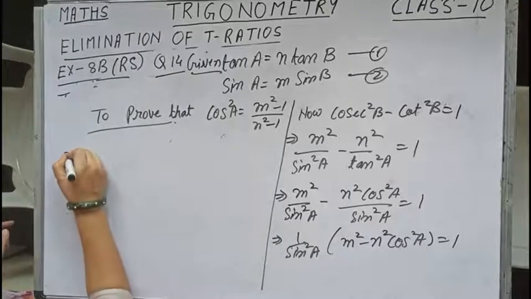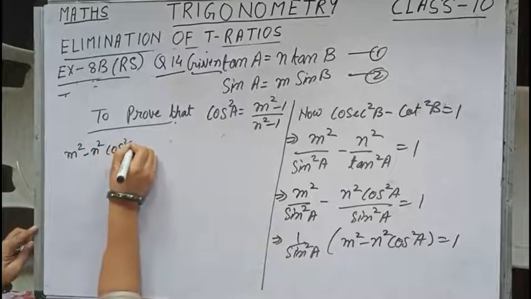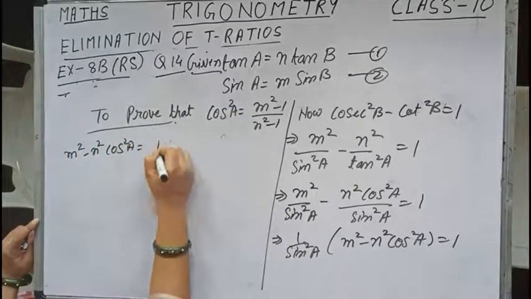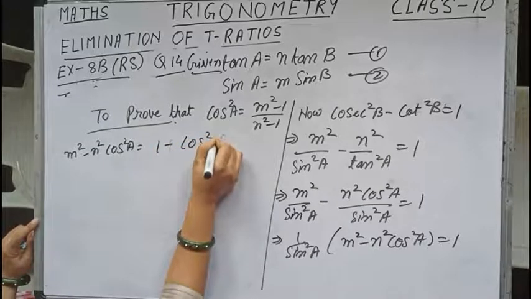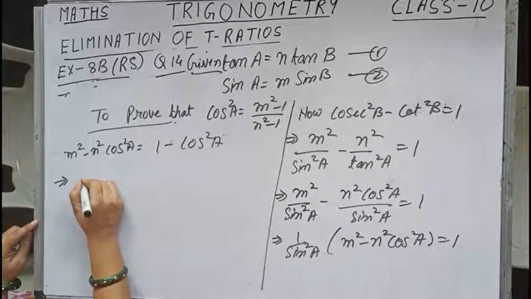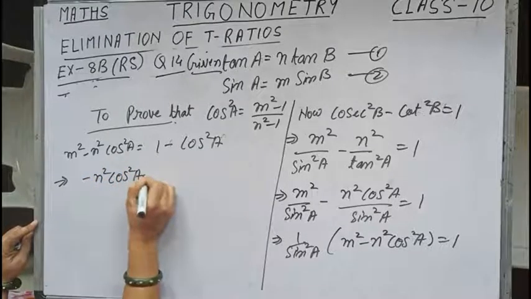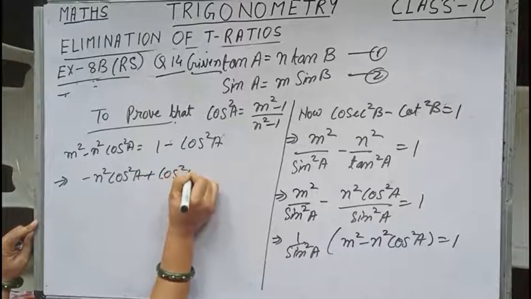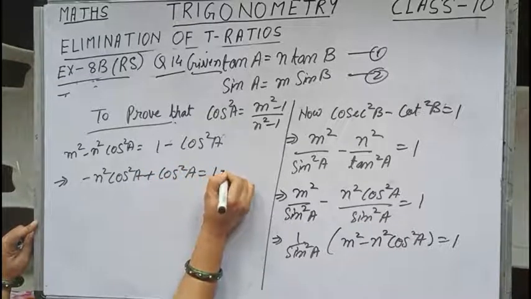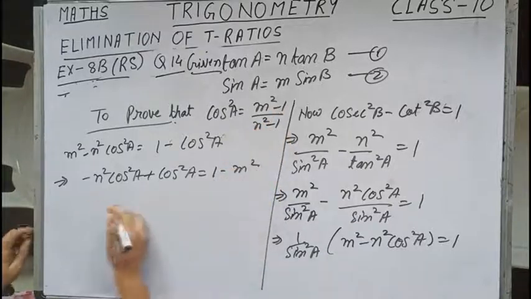So m square minus n square cos square A equals 1 minus cos square A. Now this implies minus n square cos square A plus cos square A equals 1 minus m square. Take care over here, m square minus 1.